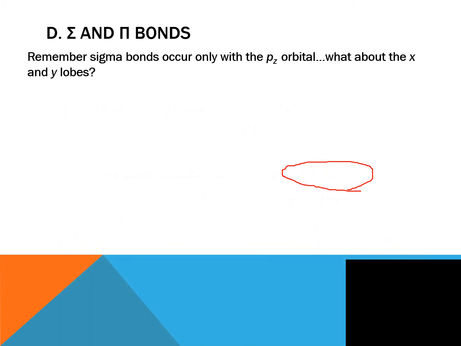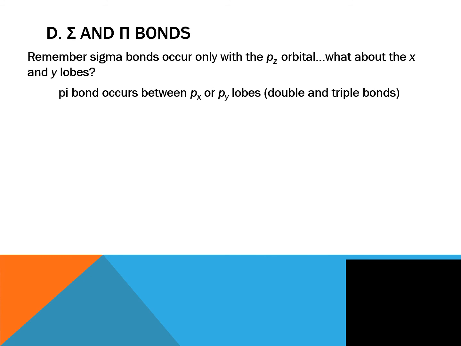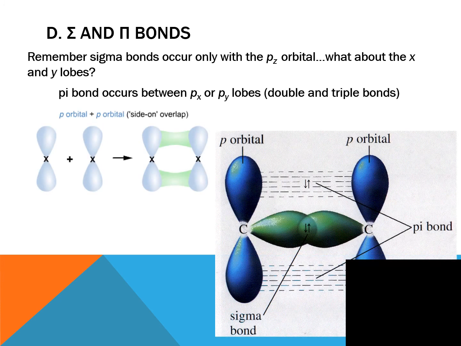So pi bonds occur between the px and the py lobes, the ones that form double and triple bonds. So in this case, you can see the sigma bond forming here between the carbons, and then you have a pi bond here occurring with the p orbital.